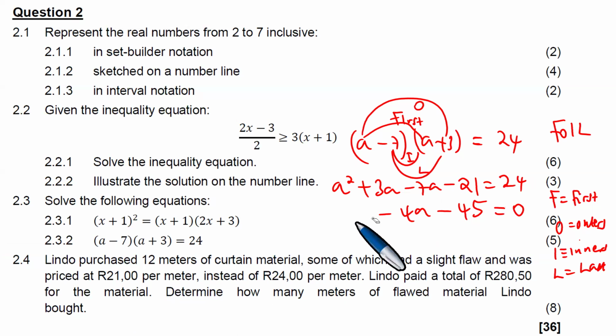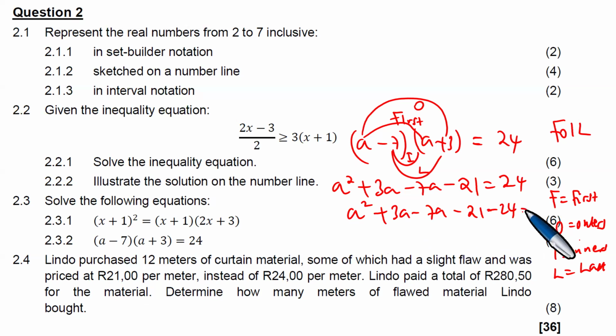You can show a step here: 3a minus 7a minus 21 minus 24 equals 0. What is 3a minus 7a?